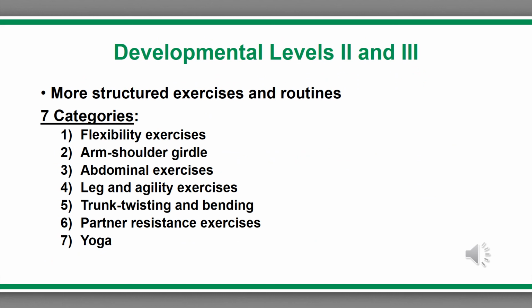I want you to be familiar with these fitness activities for developmental levels 2 and 3, grades 3, 4, and 5. They are more structured exercises and routines, and they have 7 categories in this section of this chapter. Your flexibility exercises are on page 294 and continue on to 295.